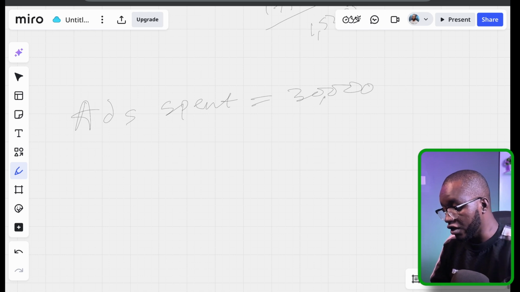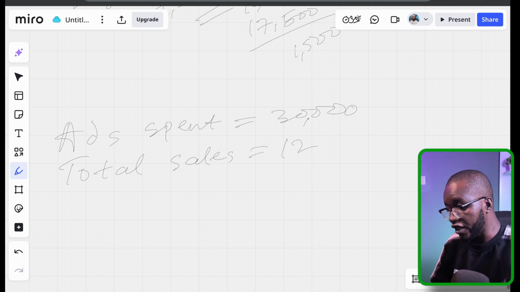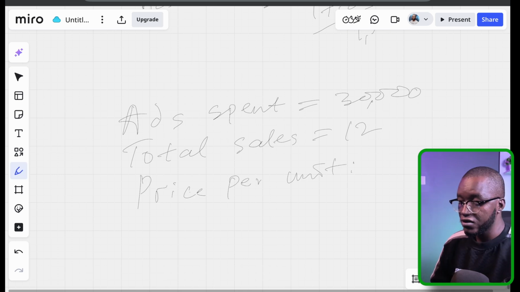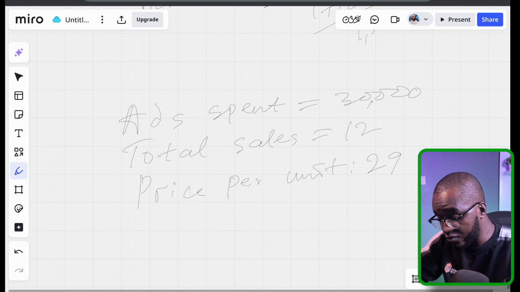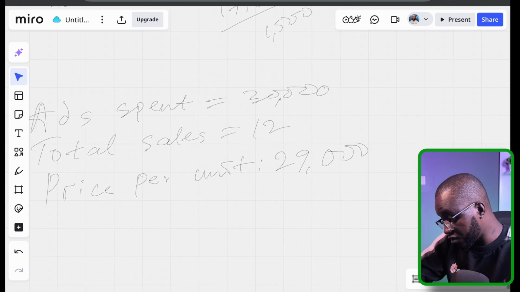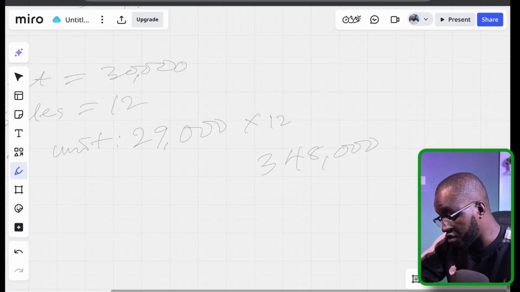Then total sales, let's say we are having 12. Price per unit, this time around, the product is going for 29,000. It means that 29,000 times 12 generates us 348k. That is what this ad spend generates us.